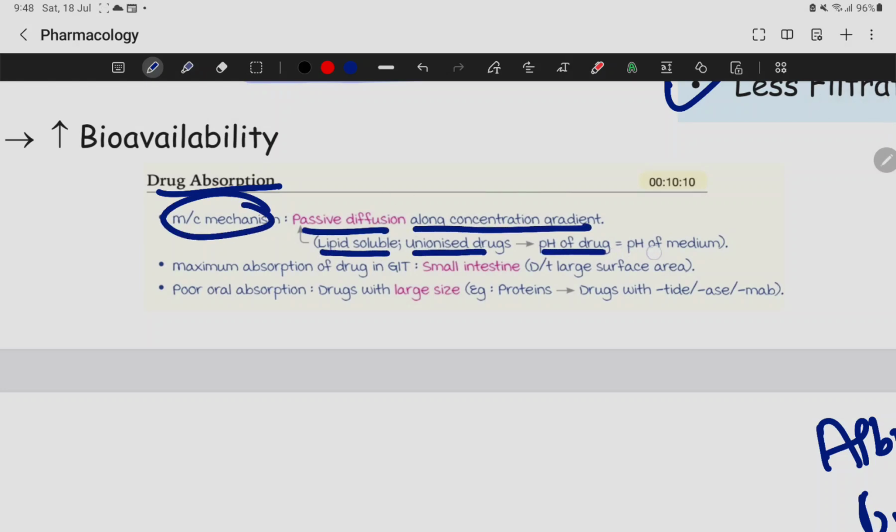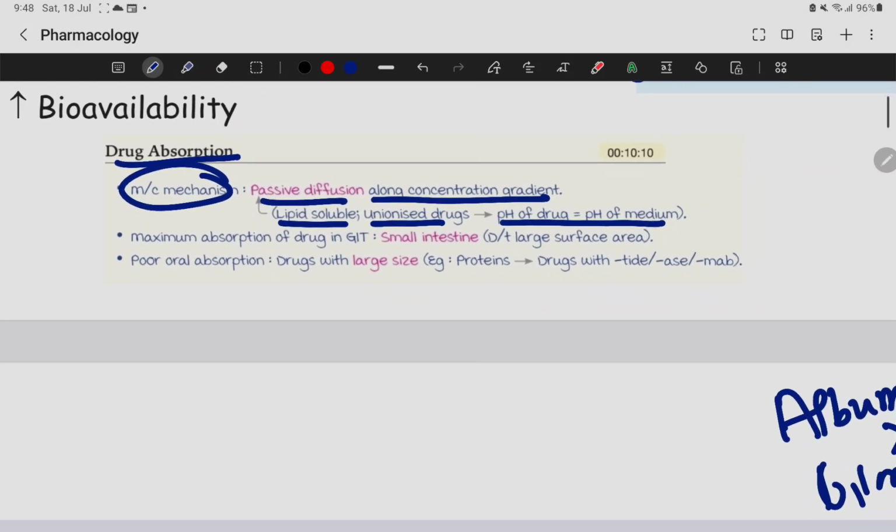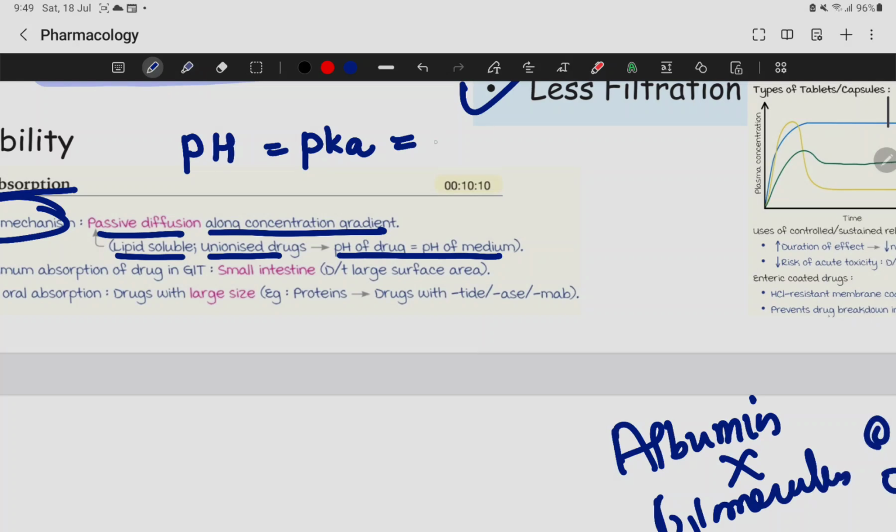This is the Henderson-Hasselbalch equation: when pH equals pKa, 50% of the drug is ionized and 50% is unionized.